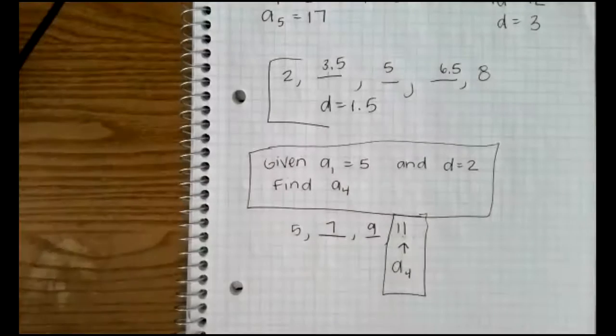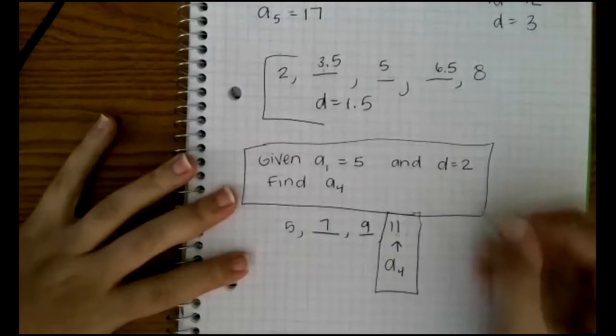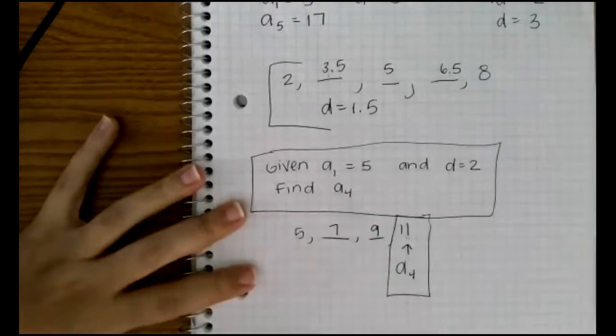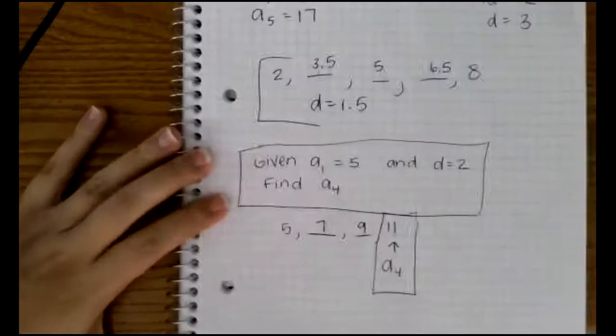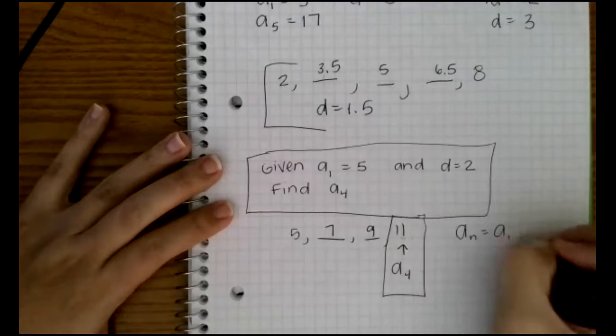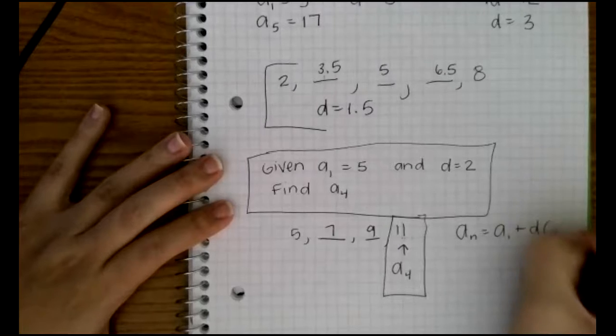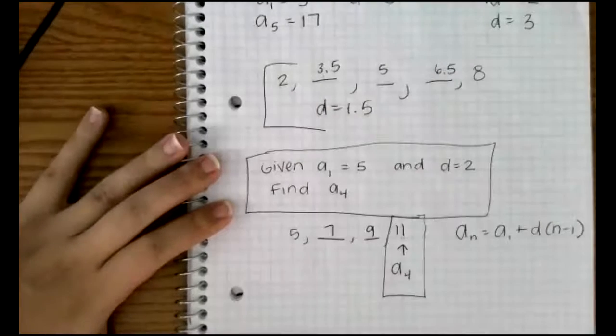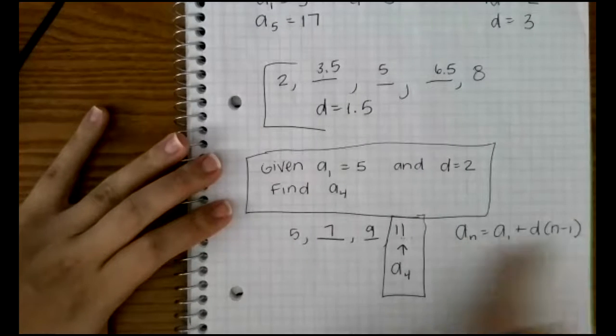So this is arithmetic. On slide 2, it said there's an explicit formula, which just means a formula that I can write. And it looked like this, right? It said a sub 1 plus d times n minus 1. This is the formula that was given to us on slide 2.